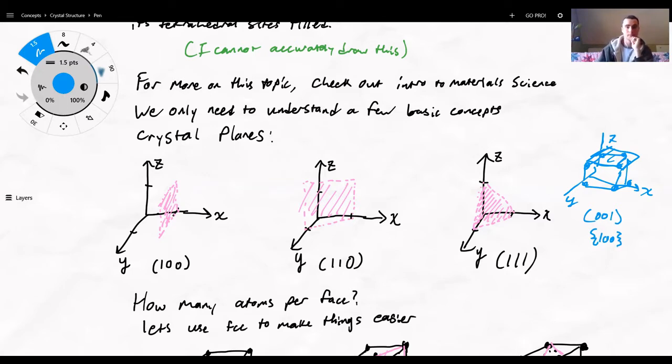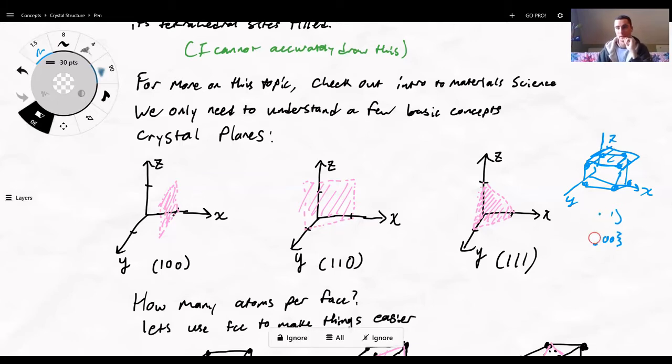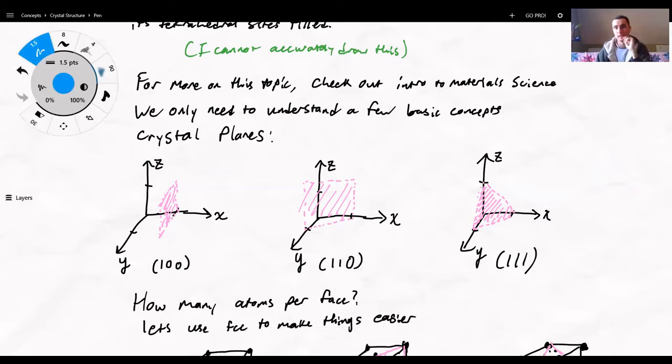Now, cool. What if that's not the way the crystal grows? What if it grows in a different way? So maybe we have this cube here. I know it's a bad cube, but work with me, right? What if the crystal gets cut off here?